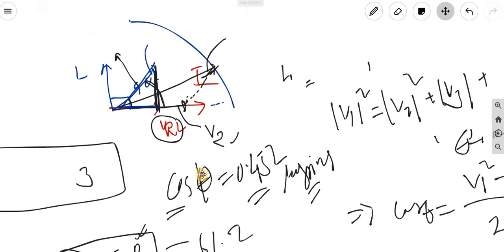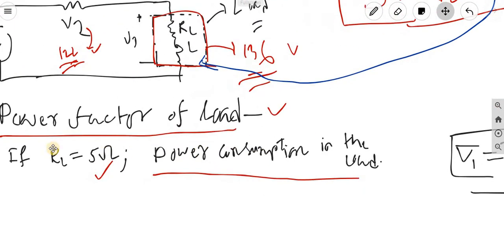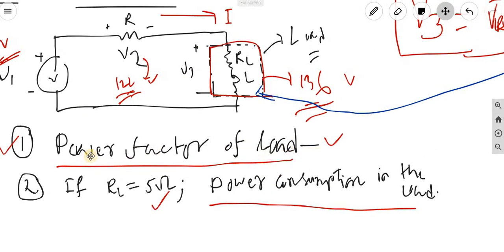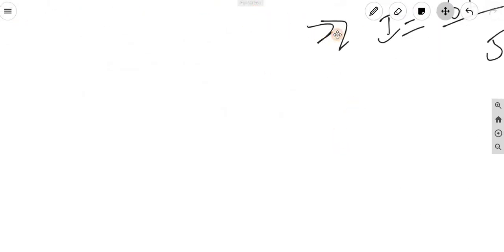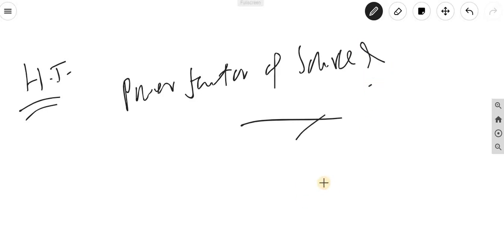With this, your homework will be related to this problem itself. What would be the power factor of the source? So your homework will be with this question: the power factor of the source.